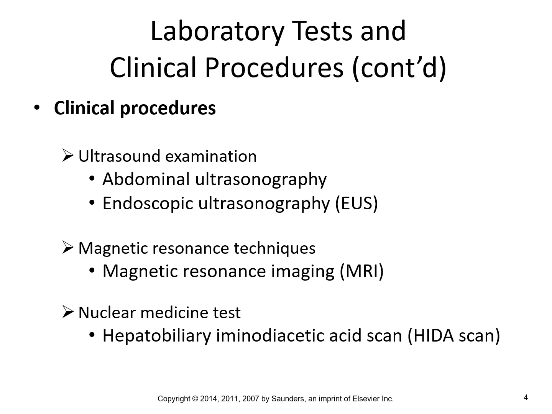Then you have magnetic resonance techniques, MRI. Most people are familiar with that, and that is still on page 196 in your book. And it is different than X-rays. Magnetic resonance imaging will show up much more fine tissue detail without the use of radioactive contrast. And then a nuclear medicine test. This is a hepatobiliary iminodiacetic acid scan.